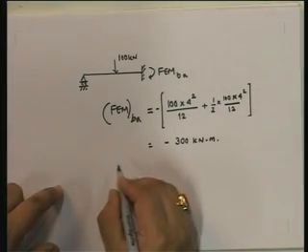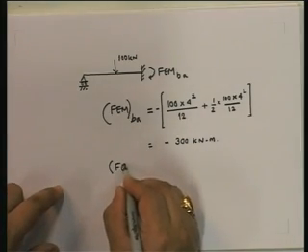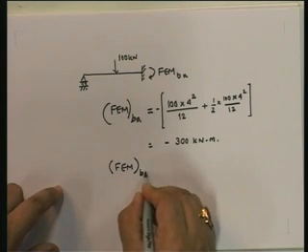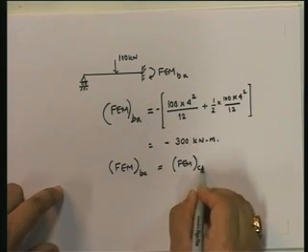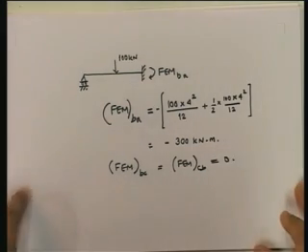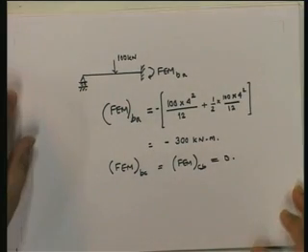Now FEM BC is equal to FEM CB, which is equal to 0, because there are no member forces in this particular member.